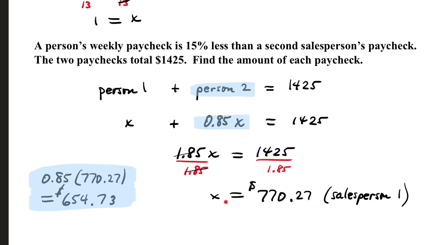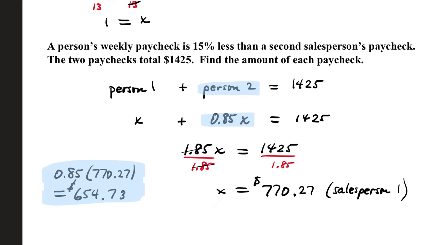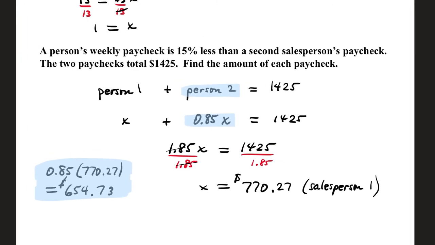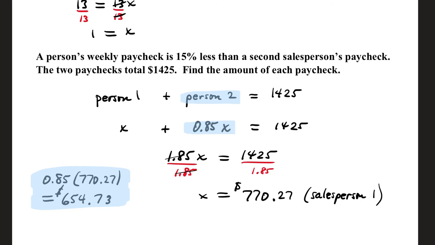Since that is your X value, and we assign that to salesperson 1, that's how much salesperson 1 makes. Salesperson 2 only makes 85% of that because they make 15% less. 85% of that amount is $654.73. And so that gives you the value of each person's paycheck.